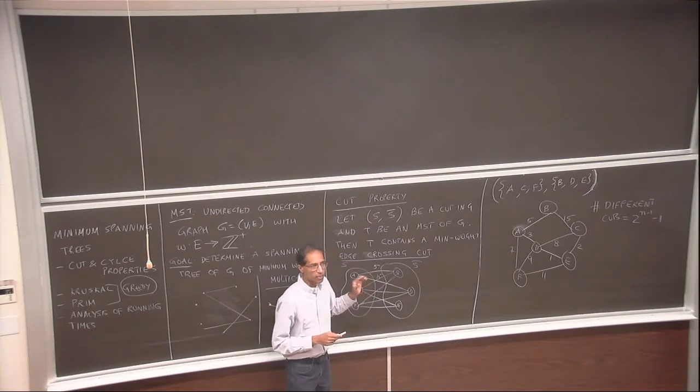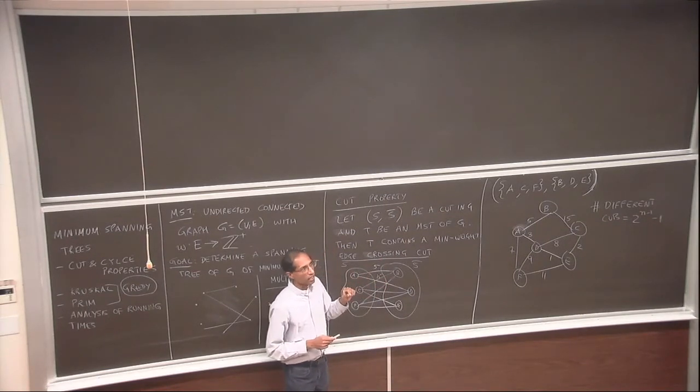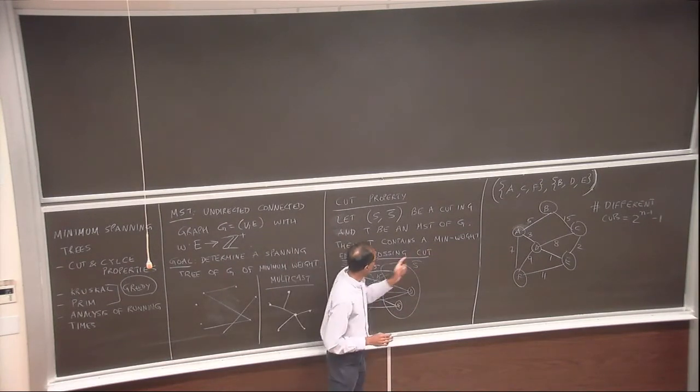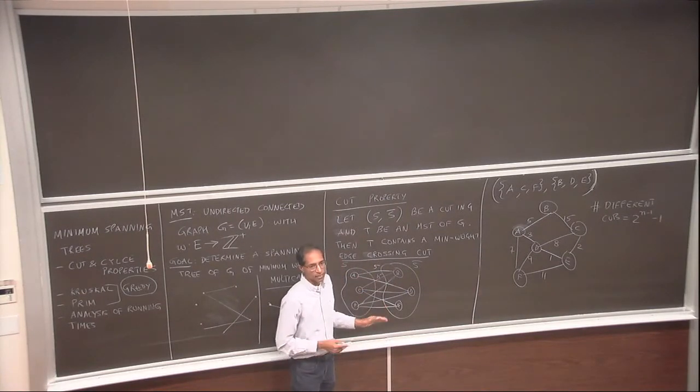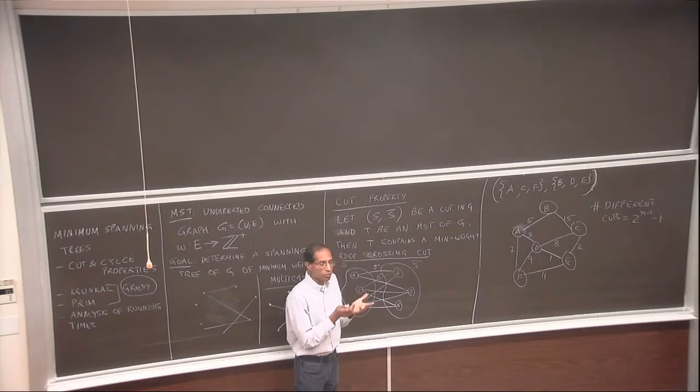I'm not referring to that edge having minimum weight among every edge or anything like that. So by minimum weight edge crossing the cut, I mean pick the least weight edge crossing the cut. And if there are multiple ones, it should include one of them. Okay?